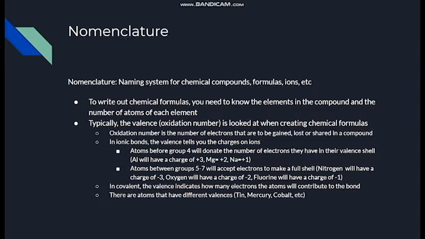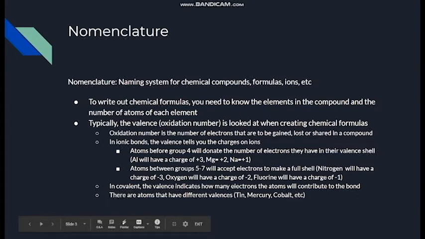Atoms between groups 5 to 7 will accept electrons to make a full shell. So for example, nitrogen will have a charge of -3, which means that it'll accept 3 electrons. Oxygen has a charge of -2, accepts 2, and fluorine will have a charge of -1, meaning that it'll accept 1 electron. In covalent bonds, the valence indicates how many electrons the atoms will contribute to the bond.